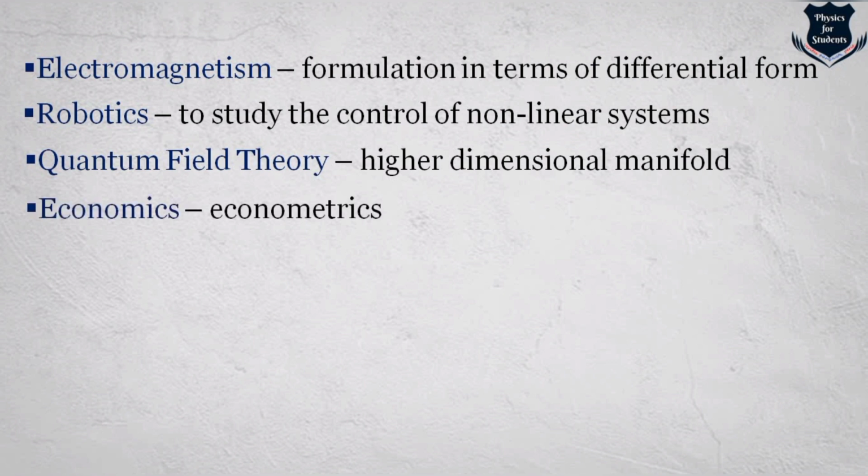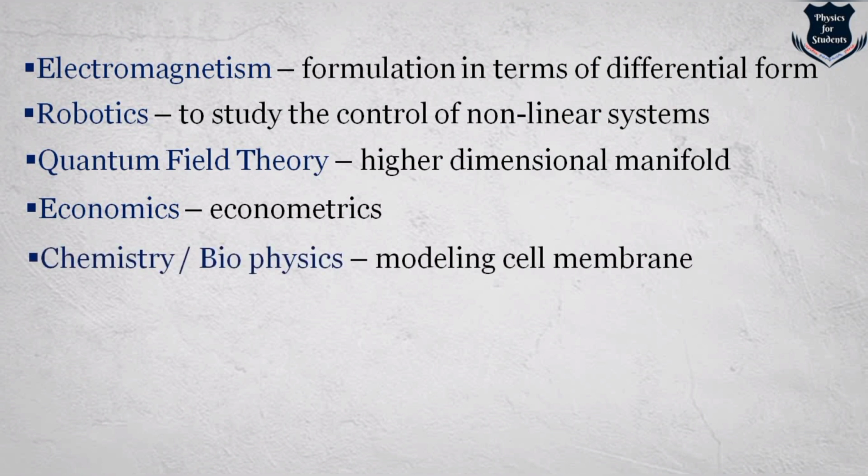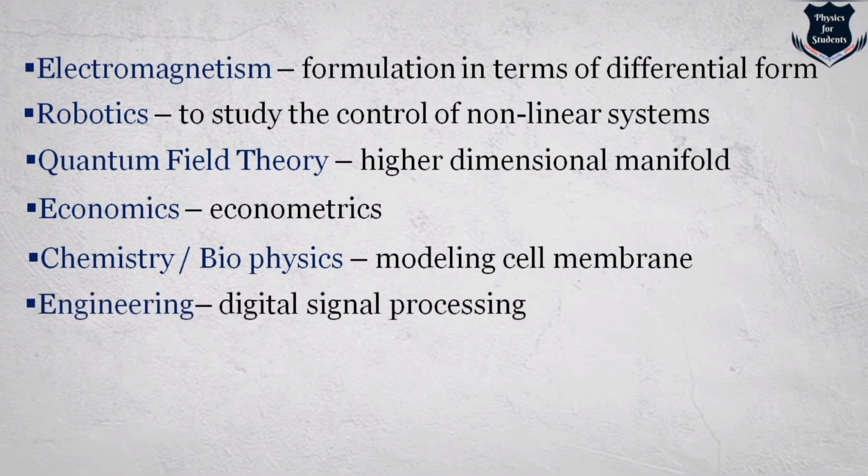Economics uses a term called econometrics. It is basically an application of statistical methods to economic data to give a quantitative analysis of economic phenomena. So we use differential geometry in what is called econometrics in economics. In chemistry and biophysics, modeling of cell membranes and their varying pressure, etc., are measured through differential geometry.